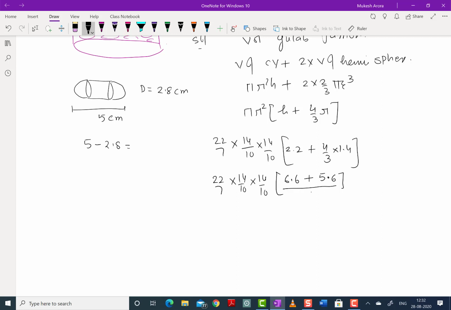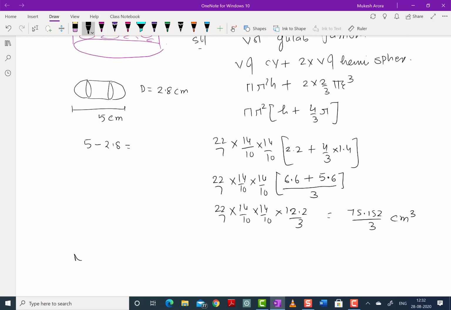5.6 by 3. 22 by 7, 14 by 10 into 14 by 10, into 12.2 by 3, and after solving this the answer will be 751.52 by 3 centimeter cube.